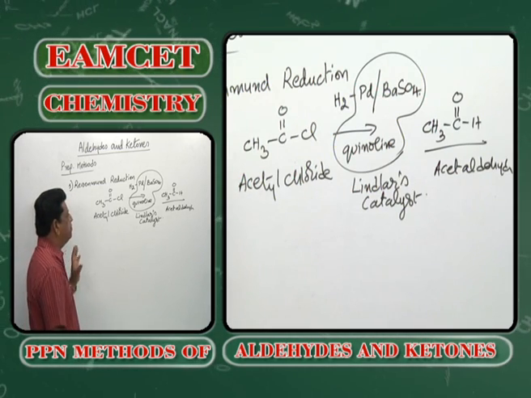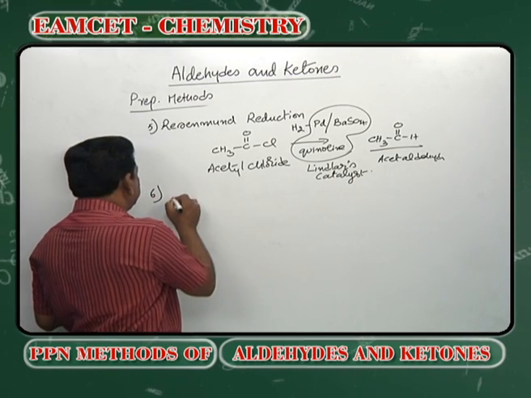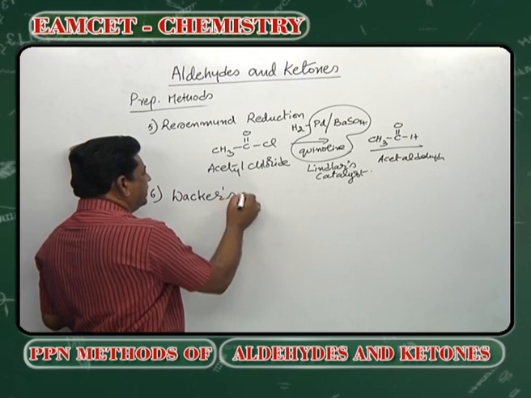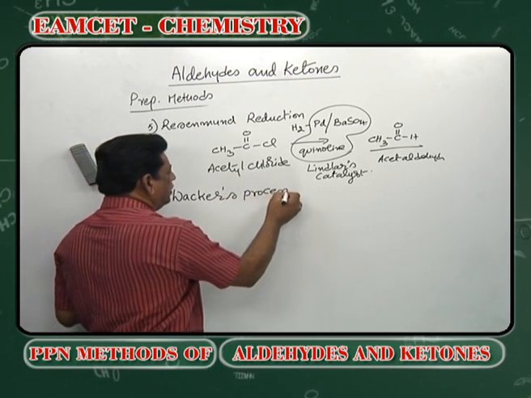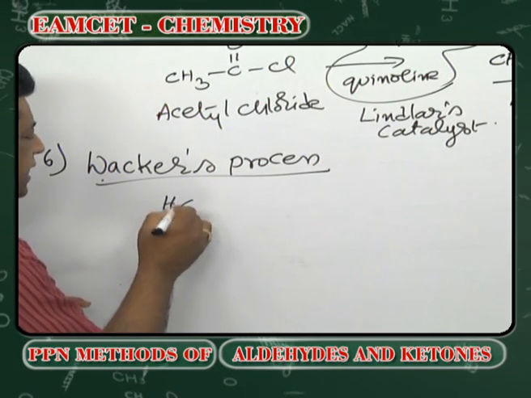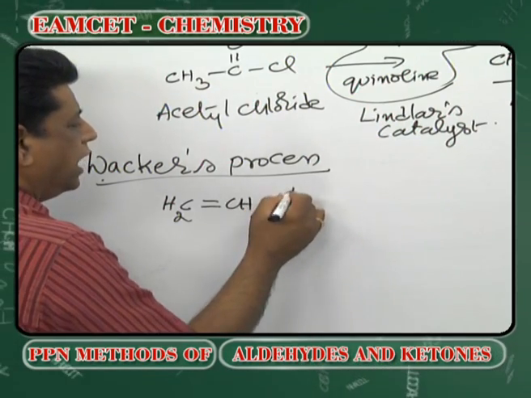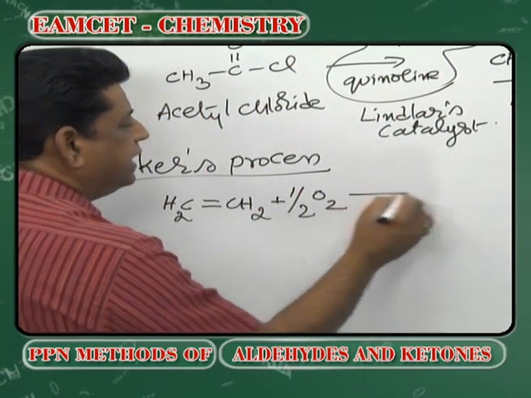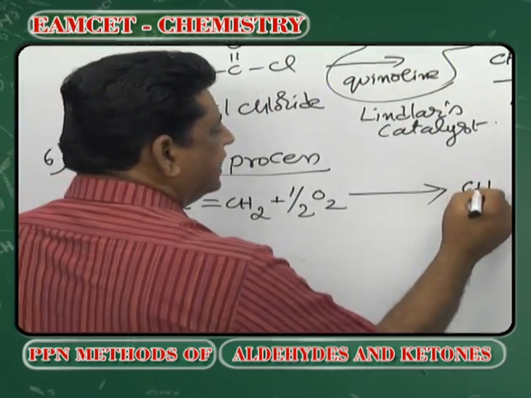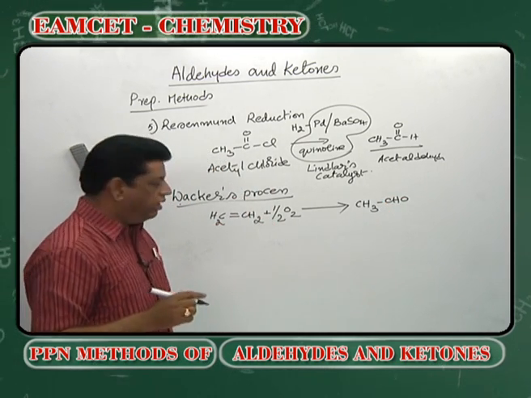These are the specific methods we have, and some oxidation methods are also mentioned in some books, like Wacker's process. One or two times a question has come on the Wacker process also. Alkenes like ethylene, on oxidation with half a mole of O2, give acetaldehyde. But it is not simply passing half a mole of oxygen.